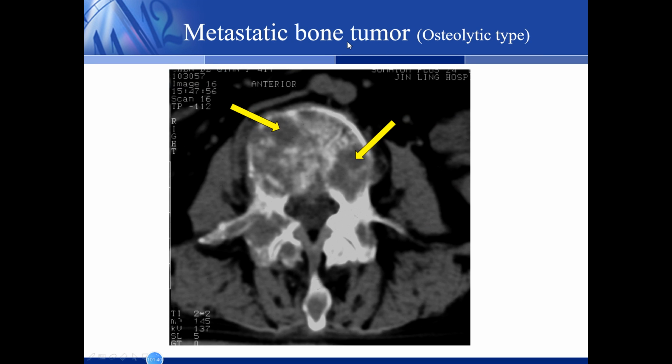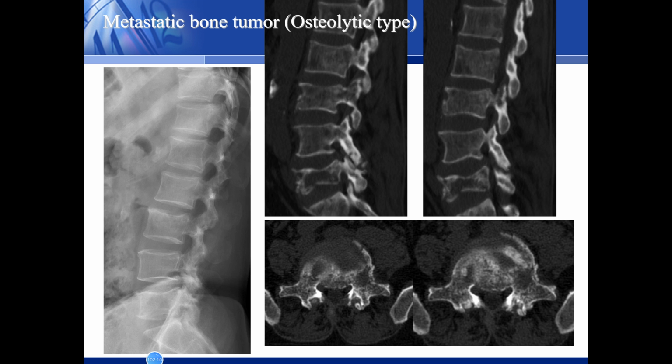And metastatic bone tumor. This is the osteolytic type, and we could find the bone destruction. Both the body and the pedicle may be destroyed. And here we could find the destruction of the bone, the vertebral body and the pedicle are destroyed. And metastatic bone tumor.